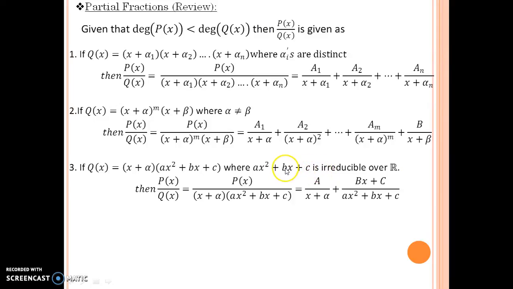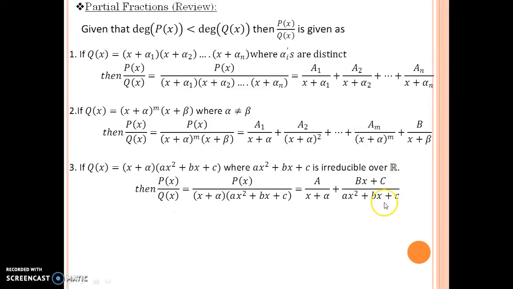That means the roots of this quadratic are complex. That is, we cannot factorize it further; if we factorize it, we get complex roots. So that is the meaning of the quadratic being irreducible over R.